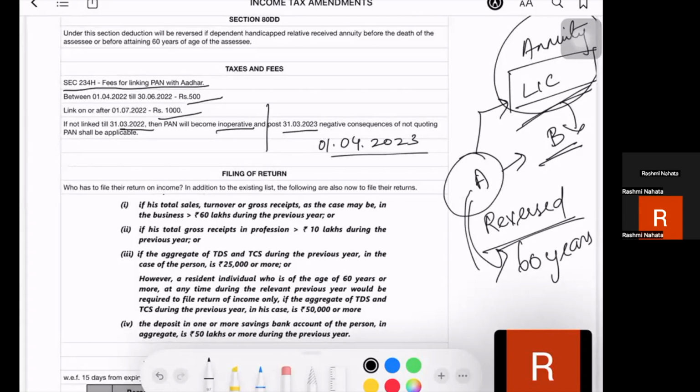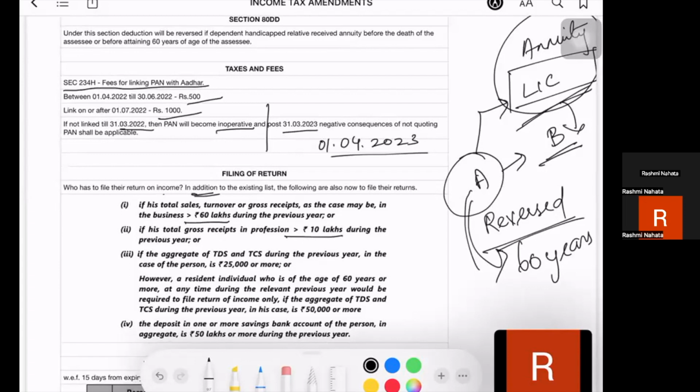In terms of filing of return, we already have an existing list of who are supposed to file their returns. Now, these are the additions to the existing list. If any person has turnover exceeding 60 lakhs in business or gross receipts exceeding 10 lakhs in profession, they will have to file their return.